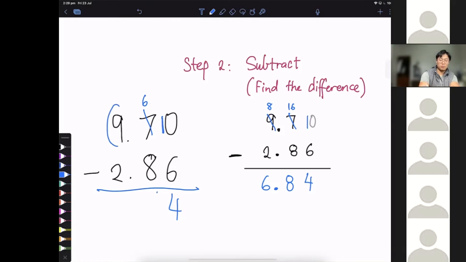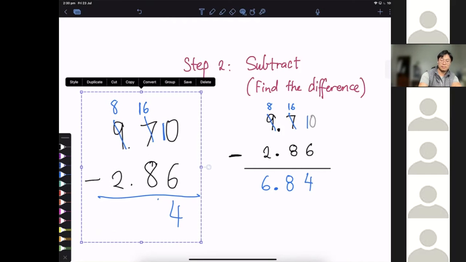I need to borrow 1 from the hundreds column. So I cross out this 9, and I put an 8 there. So it reduces, and the 1 from the 9 joins, and that becomes a 16. Does that make more sense? Yeah. Okay.